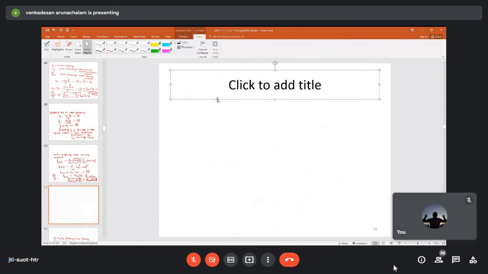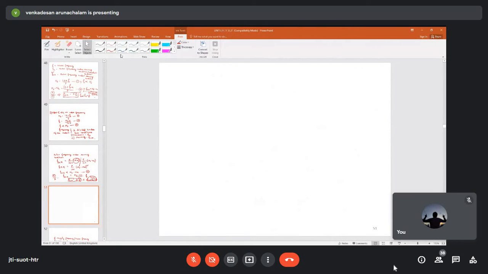Rotor induced EMF. That is the next parameter. Similar to rotor frequency, heuristically, can you write the expression for rotor induced EMF under running condition?